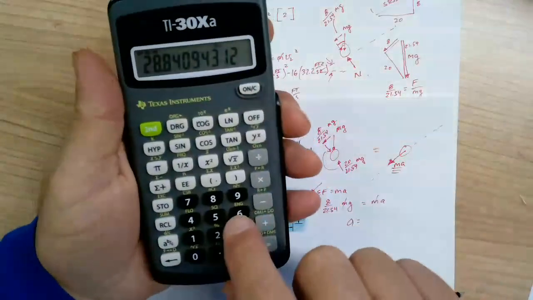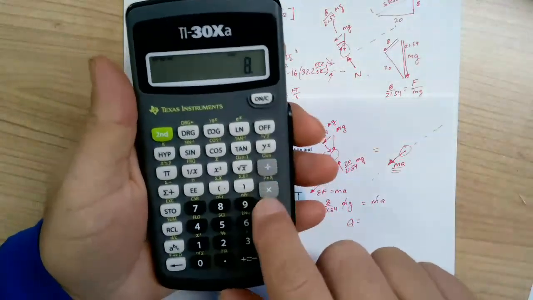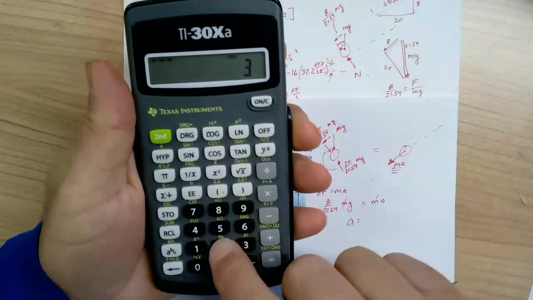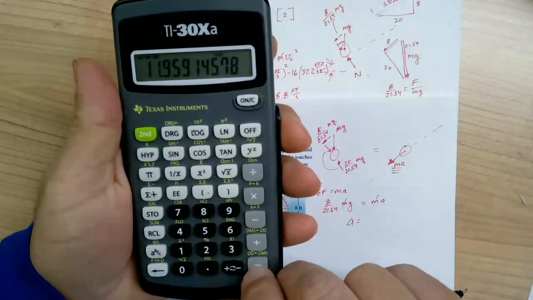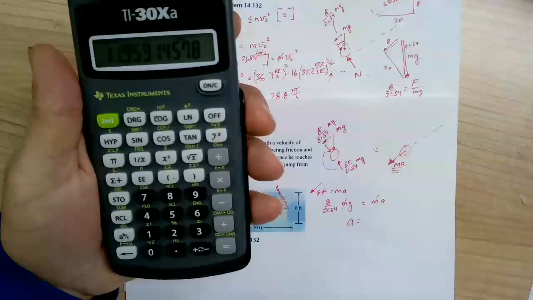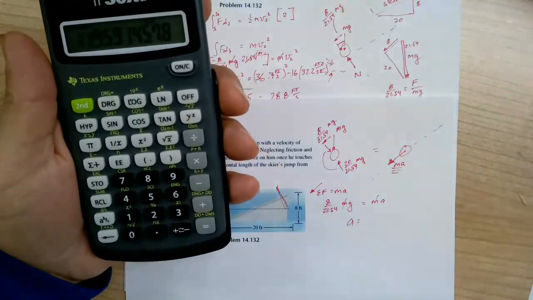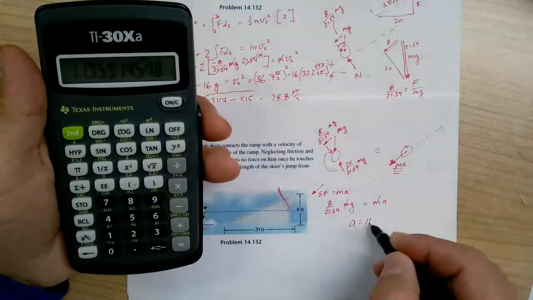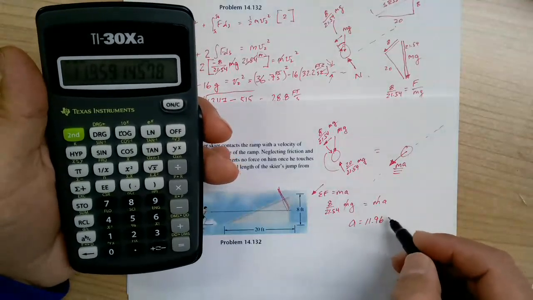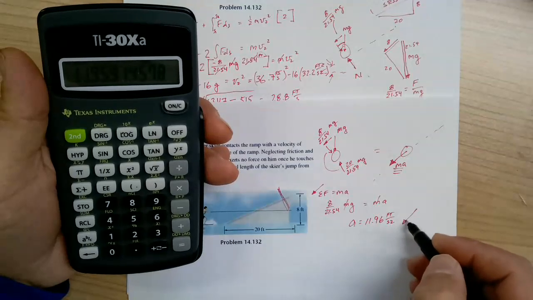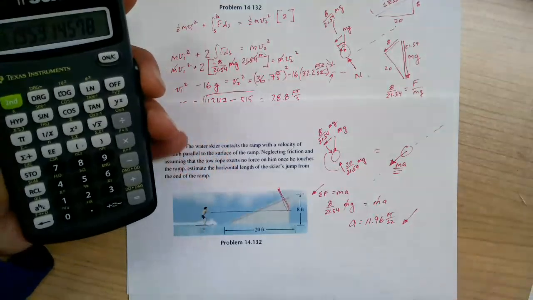So 8 divided by 21.54 times 32.2, and we get 11.96 feet per second squared, and it's in that direction there.